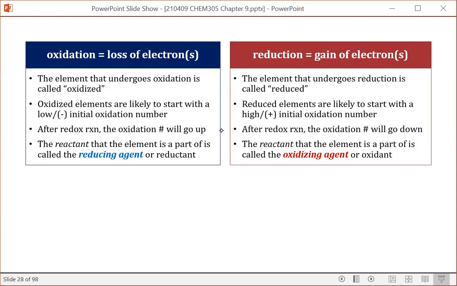One element is oxidized, one element is reduced, they shuffle electrons around. The agent is like the thing that caused the reduction. So whatever compound contained the element that was oxidized, that compound acted as the reducing agent, like it facilitated the reduction of whatever was reduced.